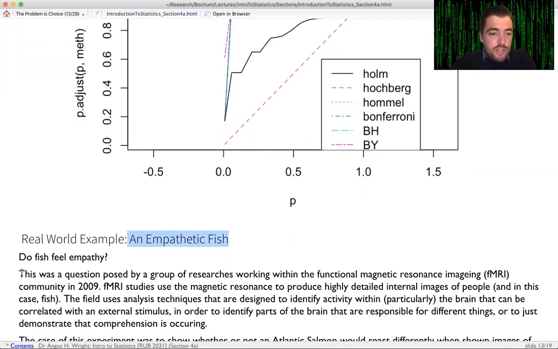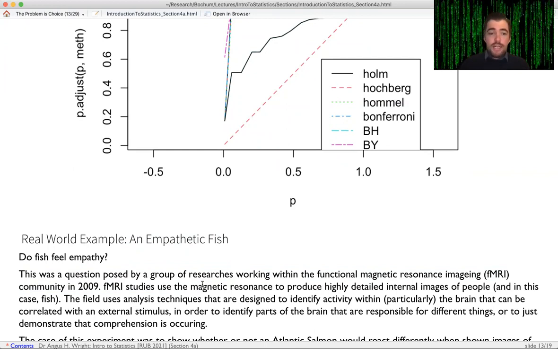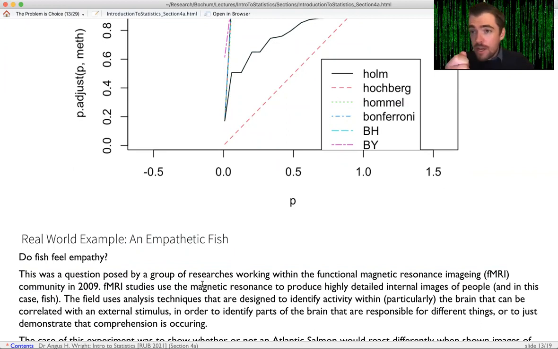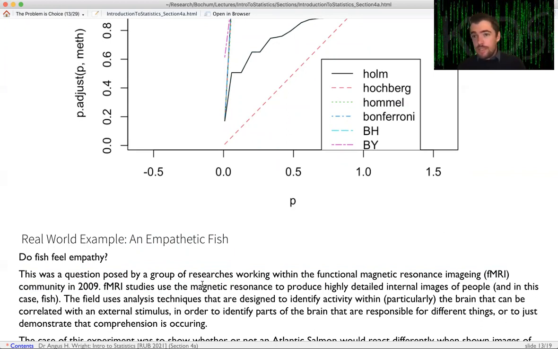There was a question posed in 2009 by a group of researchers who work in functional magnetic resonance imaging, fMRI. They proposed that they could use fMRI to determine whether a fish would show activity in its brain when shown pictures of humans as opposed to pictures of inanimate objects, chairs, tables, etc. So they took an Atlantic salmon and put it in an fMRI machine.